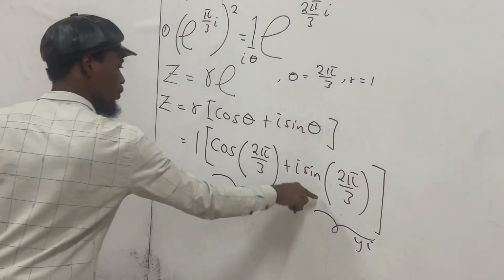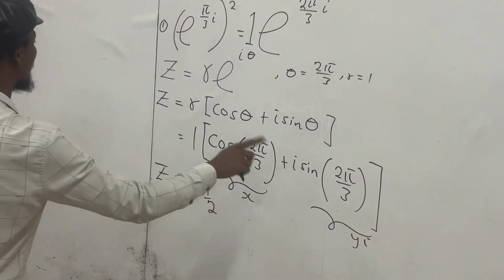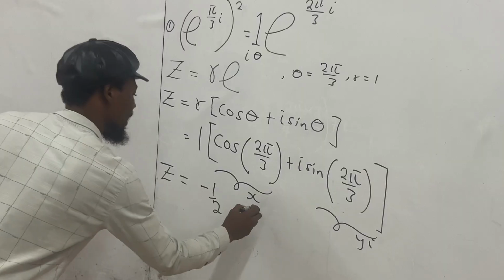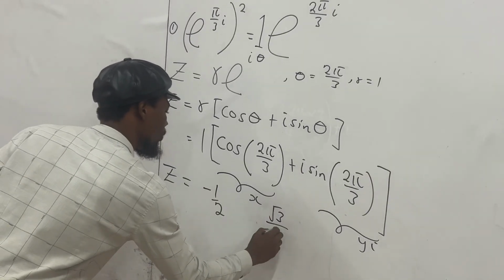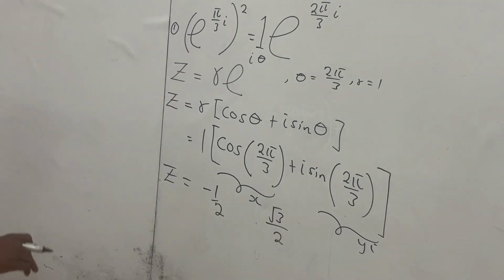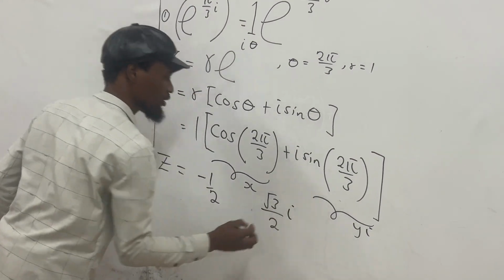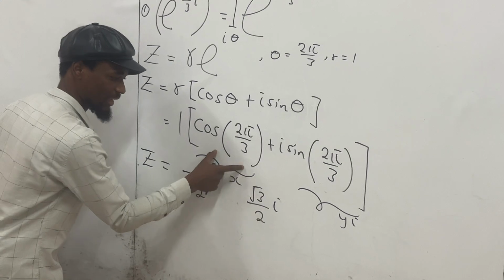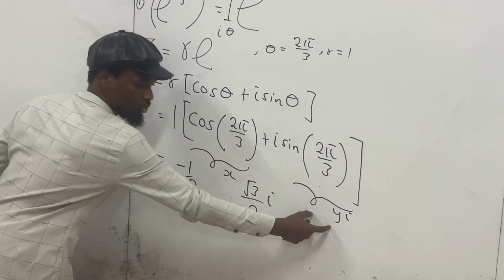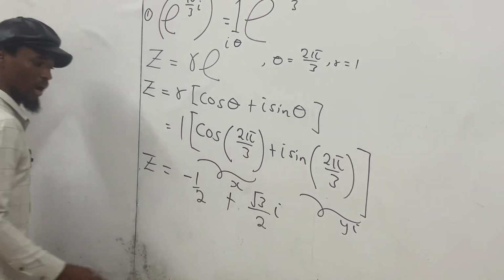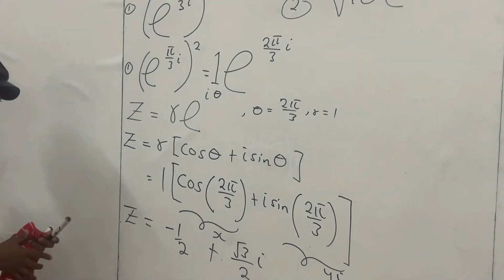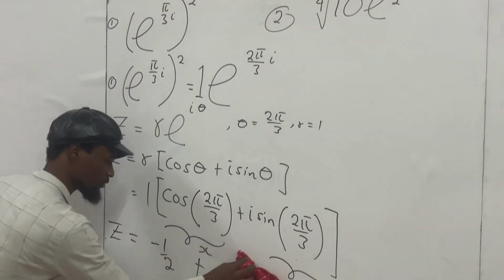Then here, when you evaluate this using the calculator, you should get root 3 over 2, then you have your i over here. What are you doing? x is adding to y, so you add plus. If you don't get it this way, you can do it this way.